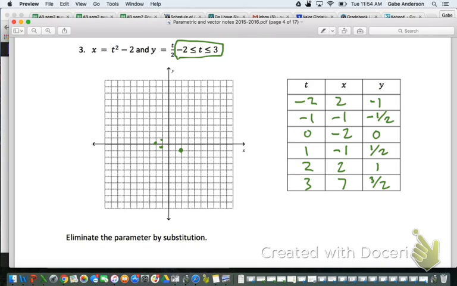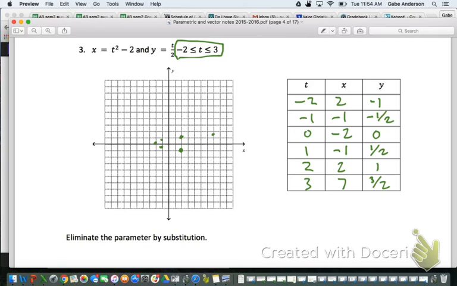And then 2, 1. And 7, 3/2. Does that work for you guys? What do you see? Yeah, sideways parabola.